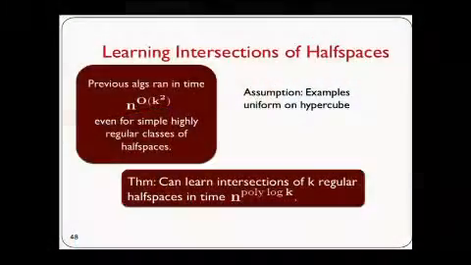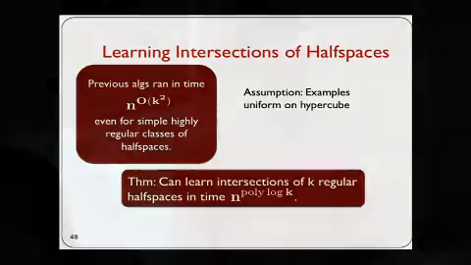In particular, the runtime is quasi-polynomial when you have a polynomial number of halfspaces. Whereas all previous algorithms had a runtime of n to the O of k squared, so it's very bad if you have a large number of halfspaces. This was true even for highly regular halfspaces, such as halfspaces whose coefficients are plus or minus 1.